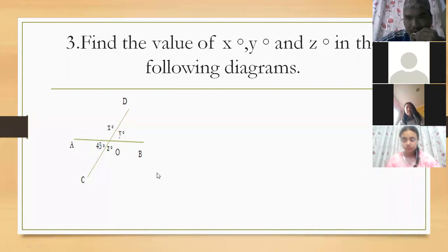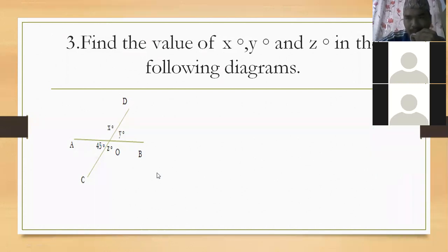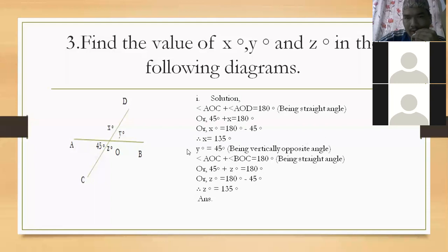Look, I am going to show, and you can note down this one. Look here, I have shown angle AOC and angle AOD. Their sum is 180 degree, being a straight angle. When you write this 45 degree on this side, you have to subtract, and it will come 135.